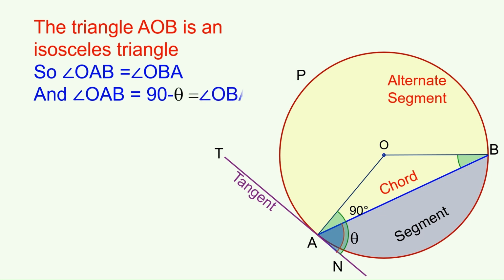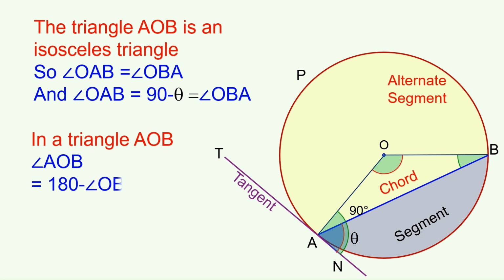So, the angle OAB equals the angle OBA, and the angle OAB equals 90 degrees minus theta equals the angle OBA.